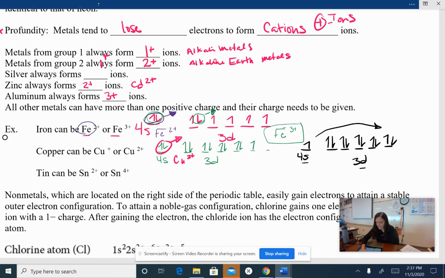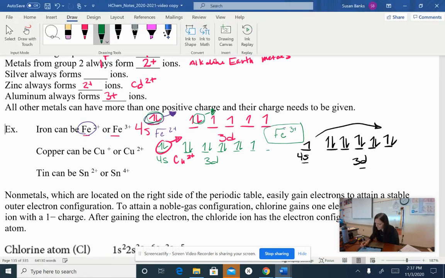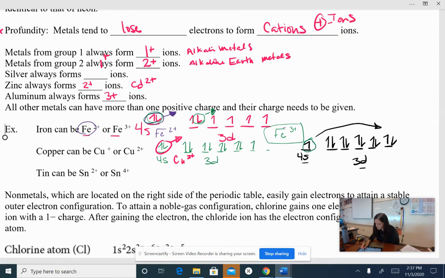But then to create that ion, if I take this electron from the valence shell 4s and remove it, I'm down 1 electron. So that will create my copper +1 ion right there. Okay? And tin can do the same thing. We can have a +2 or a +4 on tin.